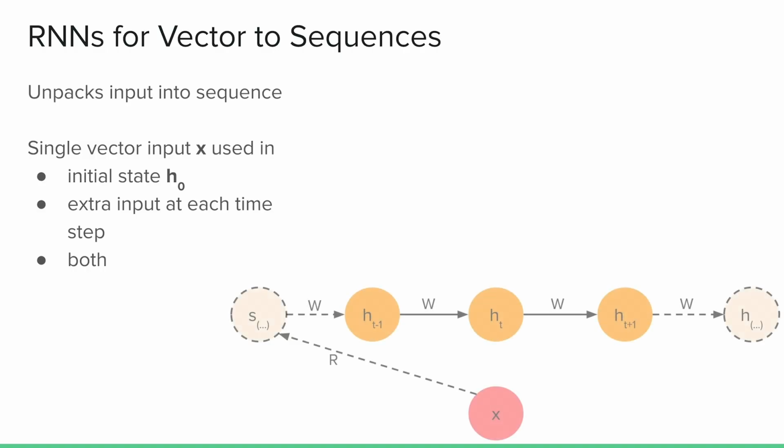We can also use RNNs for vector to sequence computations, where we take one input and unpack that input into a sequence. So how does that work? We take one input x, for example, into our initial state, H0.